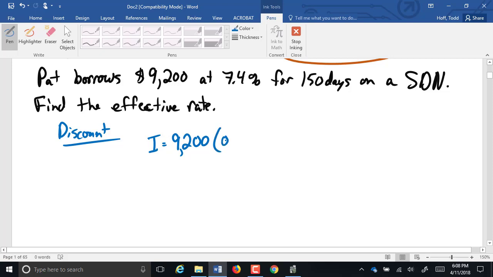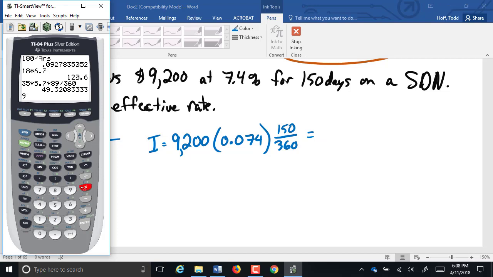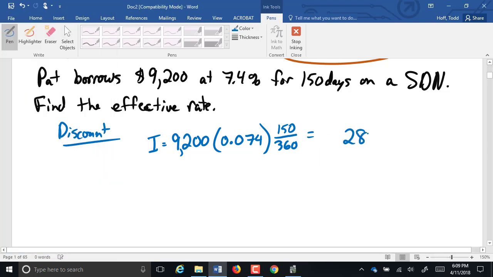We get 283.67 for interest, for the discount.